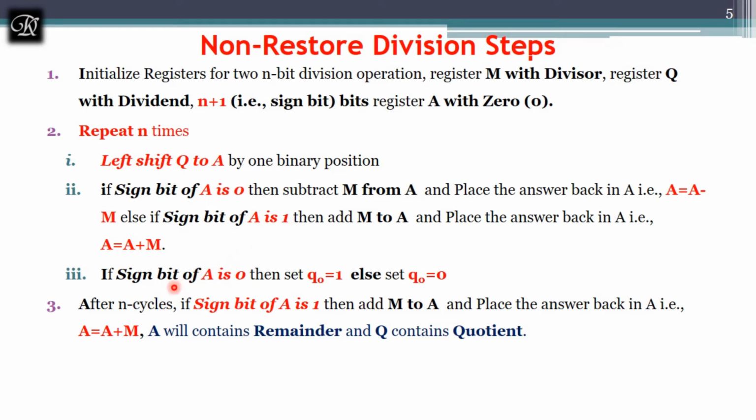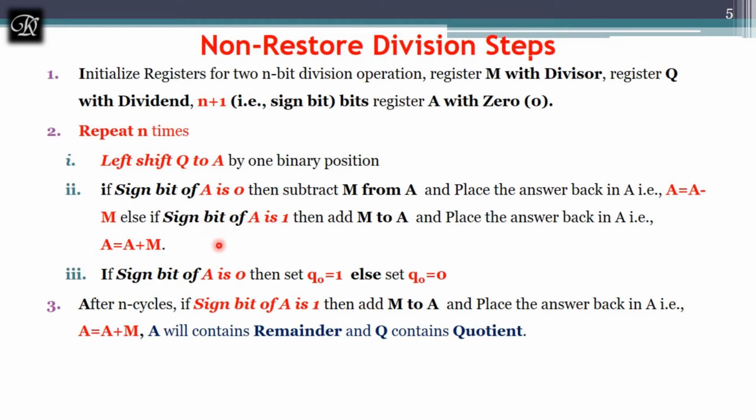Once you perform the subtract or add operation, the final answer will be stored back in A. If the answer is a positive number, then set Q0 to 1. Otherwise, if the answer is a negative number, then set Q0 to 0. This step is different from our restoring technique.